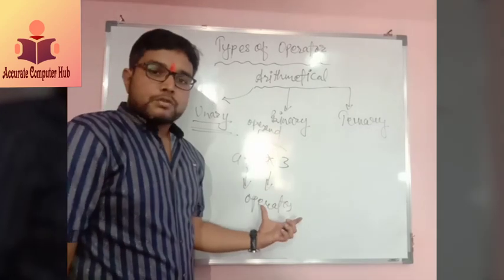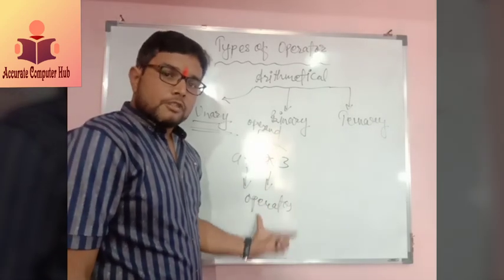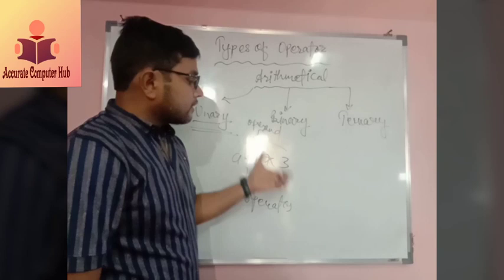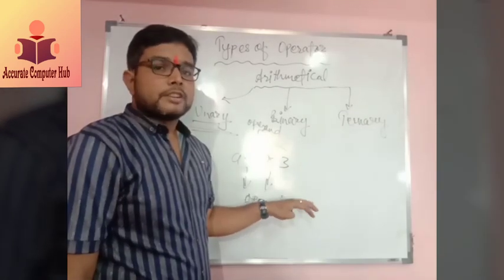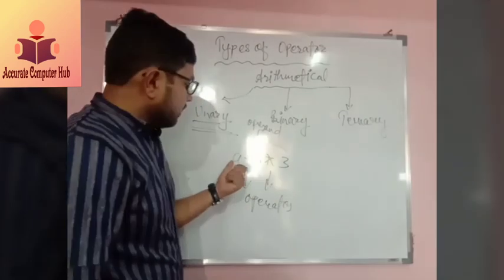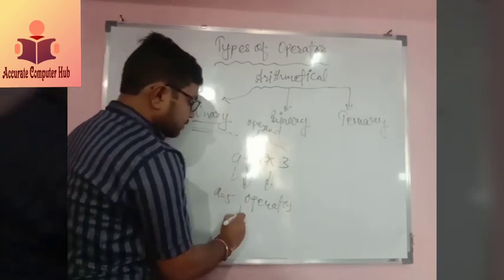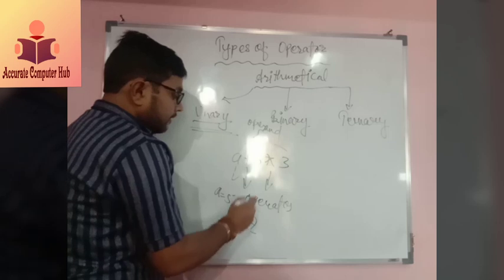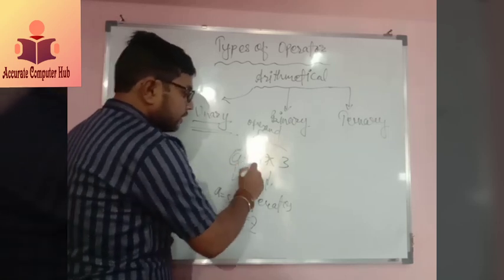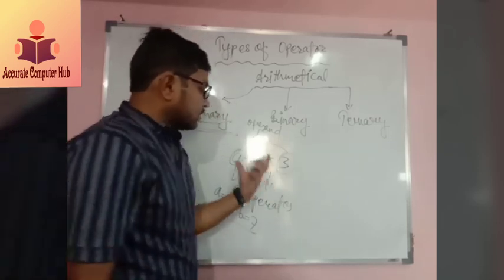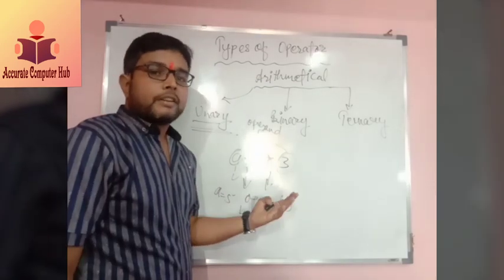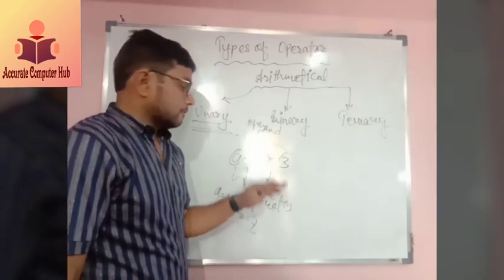The sign or symbols we are using to perform any operation is called operator, and that on which we are performing any operation is called operand. For example, if I am giving a equals to 5, b equals to 7, then we are performing operations on a, b and 3. So these are called operands. It can be variable or it can be constant.